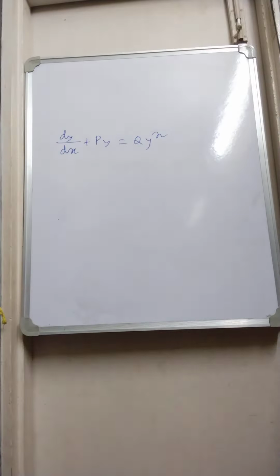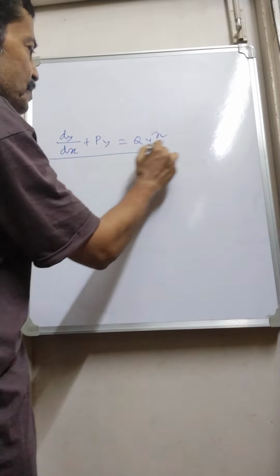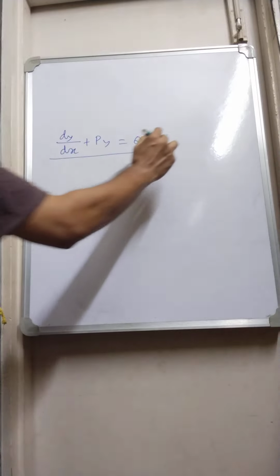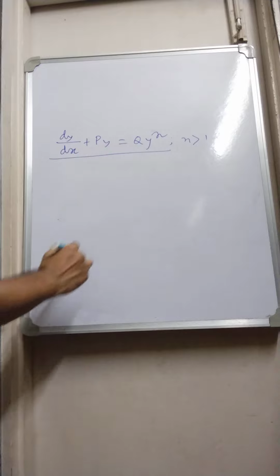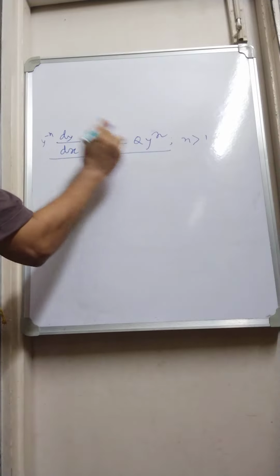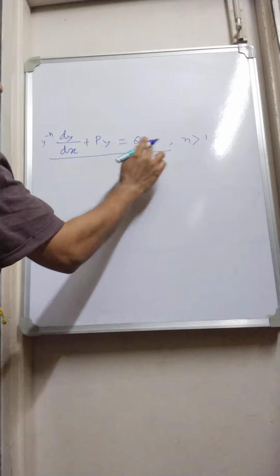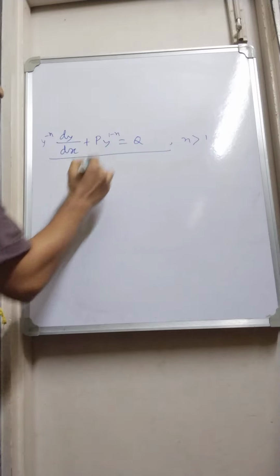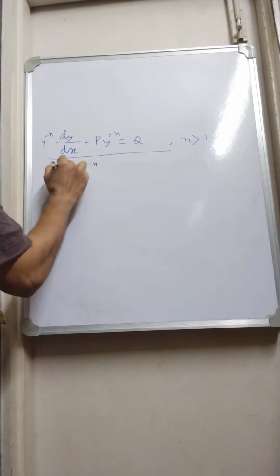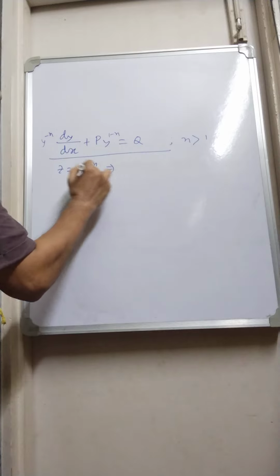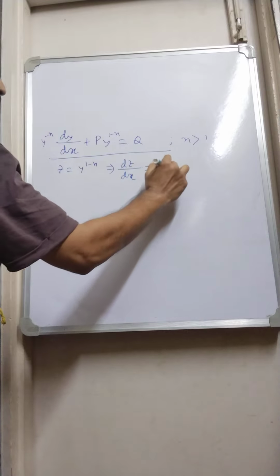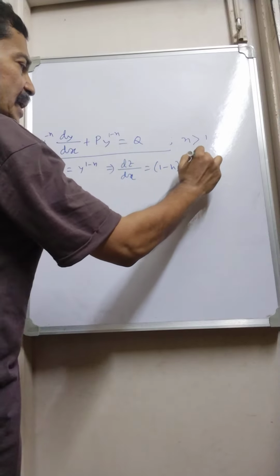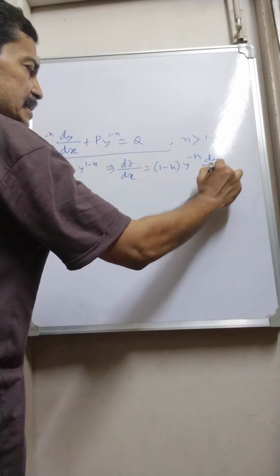Let us assume that n is an integer, and whenever n is greater than 1, this becomes non-linear. Okay, and it's very easy to see that if we divide by y to the power n both sides, it becomes like this, and if we substitute a variable z in place of this, then dz/dx becomes (1 minus n) y to the power minus n dy/dx.